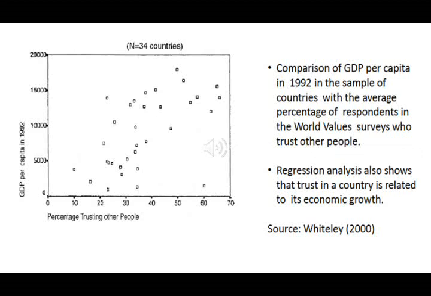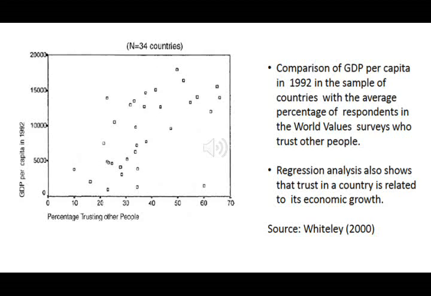Using this World Value Survey data, Whitley 2000 tried to draw a descriptive analysis out of this data. So he drew this figure that you can see, where on the x-axis there is the percentage of trusting people, and on the y-axis there is the GDP per capita in 1992 for the countries that were surveyed in the World Value Survey.